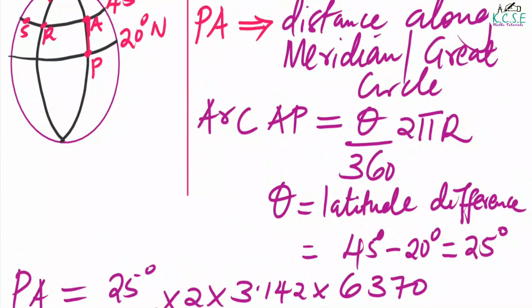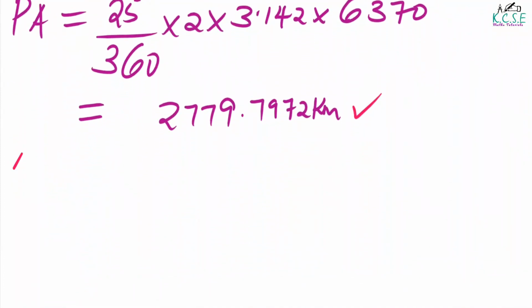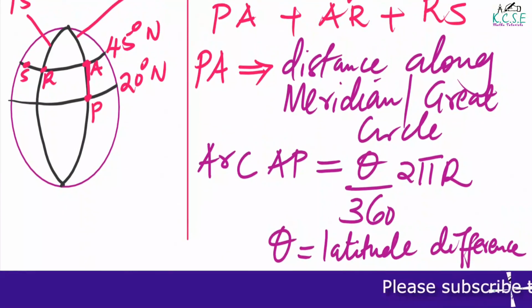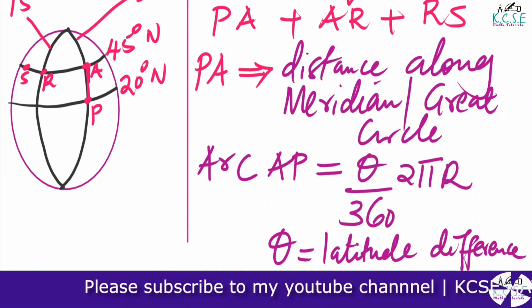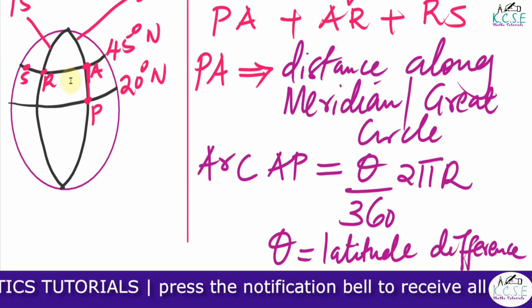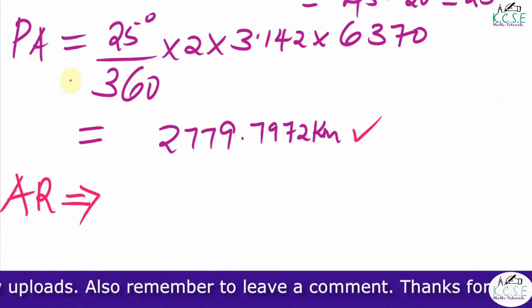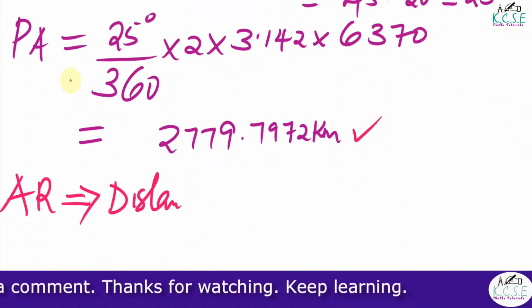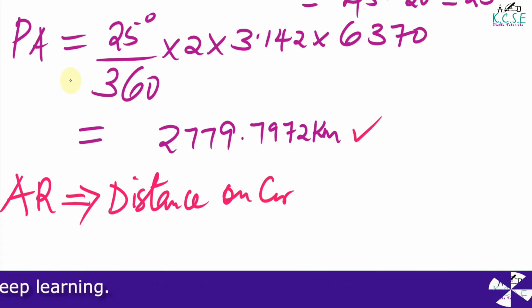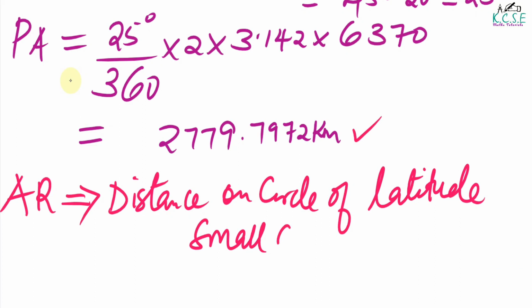Now we need to obtain distance AR. That is the next distance. From the diagram, you can see distance AR is a distance on the circle of latitude, or the small circle.